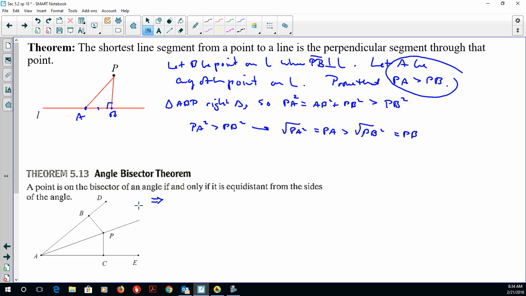So the proof for this direction is we suppose P is on the bisector of angle DAE. So, okay.